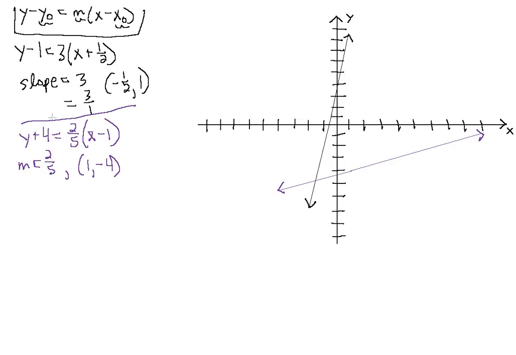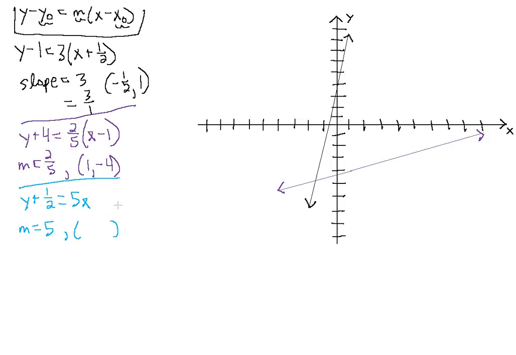All right, so let's look at some more. Let's say we have the equation y plus 1/2 equals 5x. Okay, so we're going to need the slope and a point. So the slope is going to be right here. It's going to be 5. It's the term in front of x. And we're going to need a point.